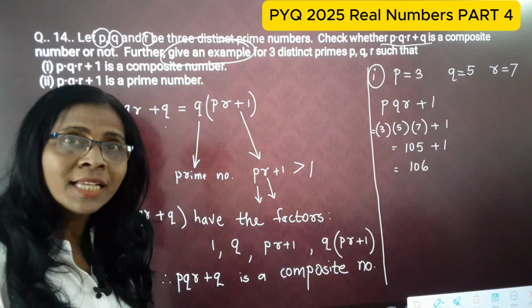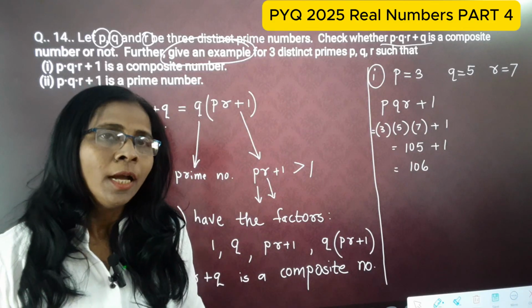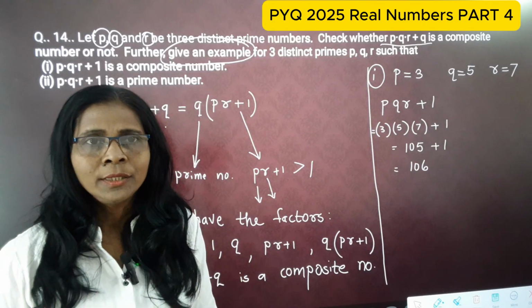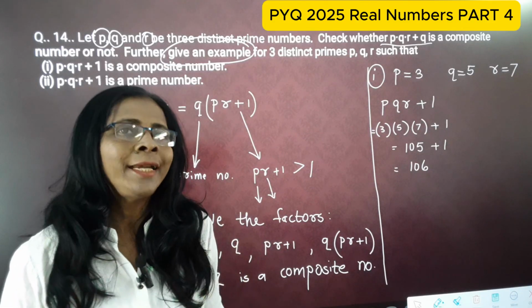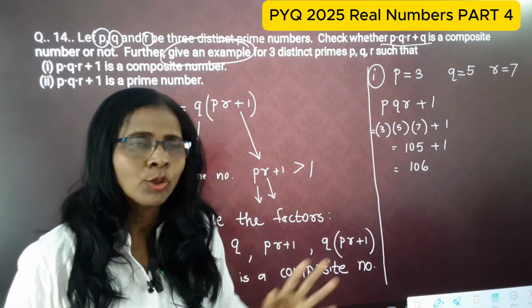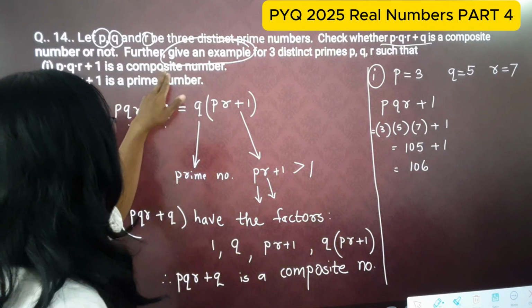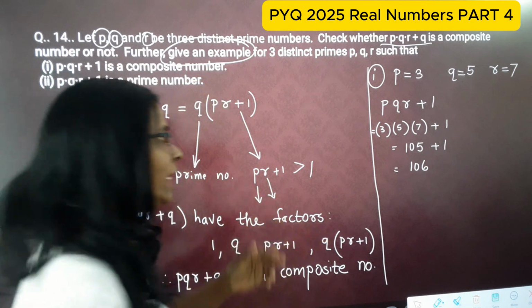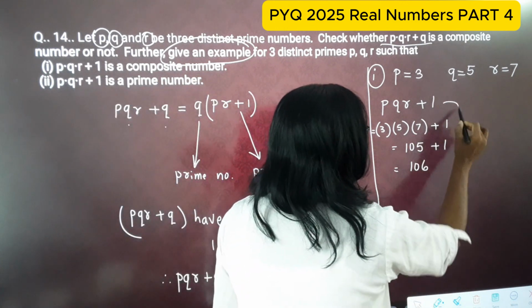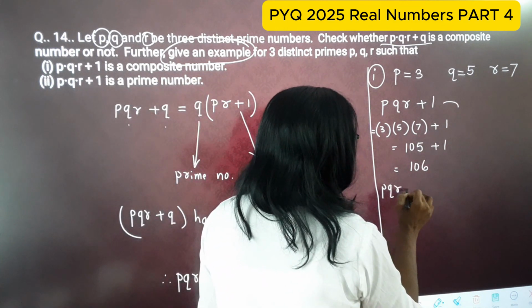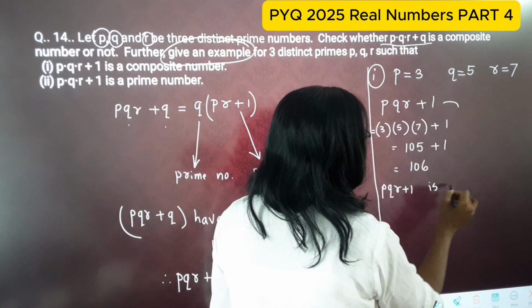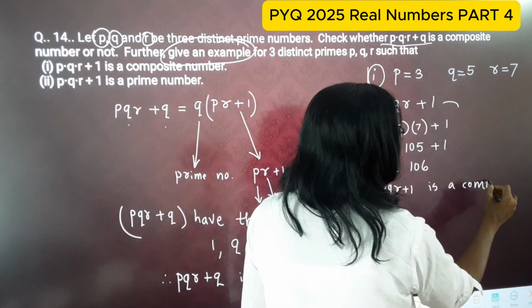We can say 106 has more than 2 factors, so 106 is a composite number, and automatically PQR plus 1 is a composite number.